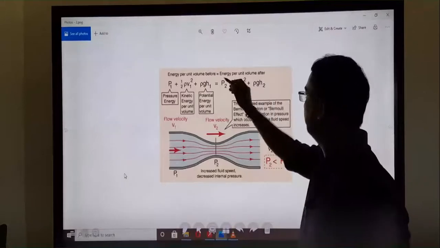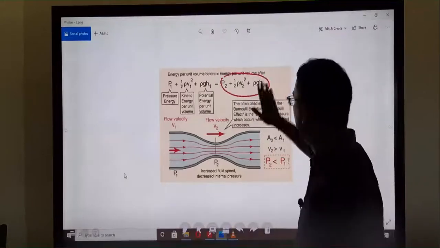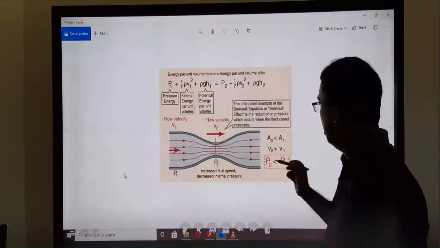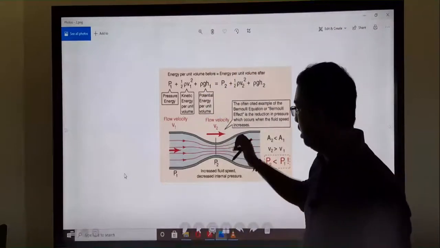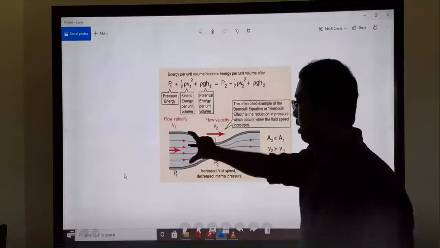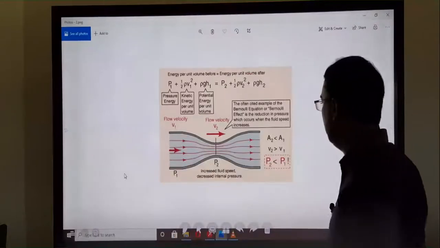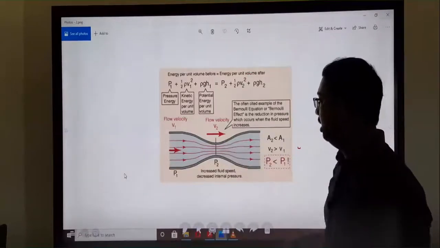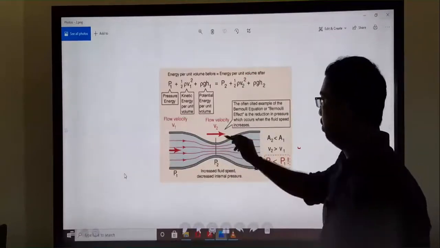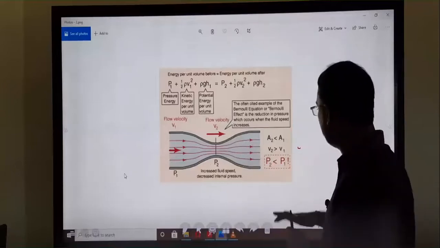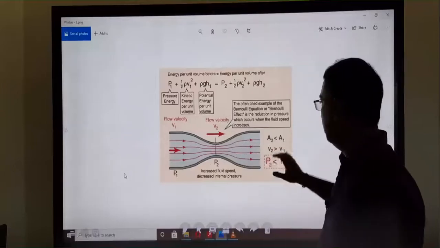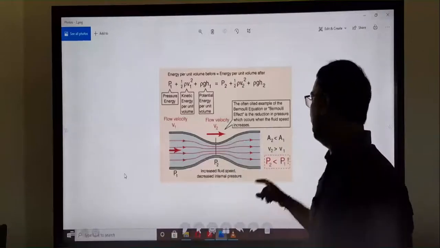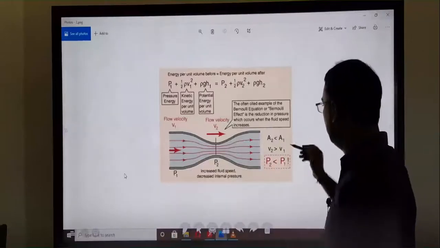Because of this energy balance, where the cross section area is small the velocity of the fluid is high, and where the cross section area is big the velocity is low.